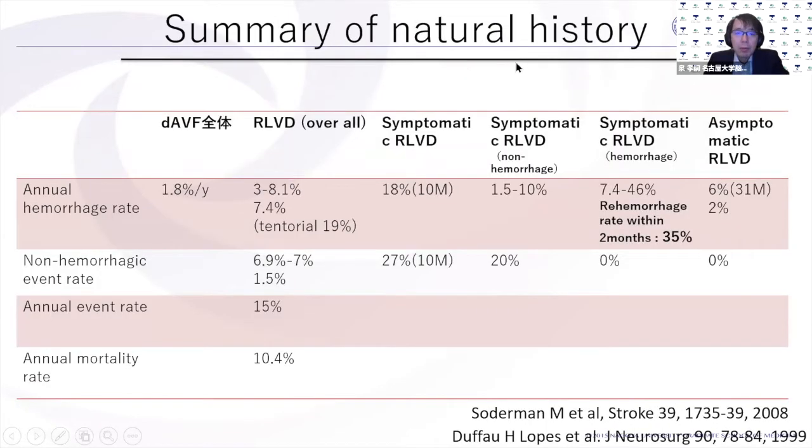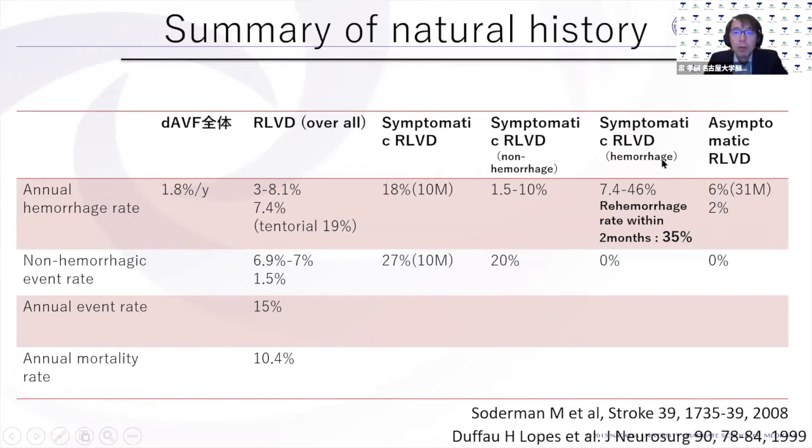And here is a summary of natural history. For all dural AVF, the annual hemorrhage rate is not so high, 1.8%, but for symptomatic dural AVF with retrograde leptomeningeal venous drainage, 80%. But in cases without hemorrhage, where venous congestion causes neurological symptoms, the hemorrhage rate is not so high, 1.5 to 10%.